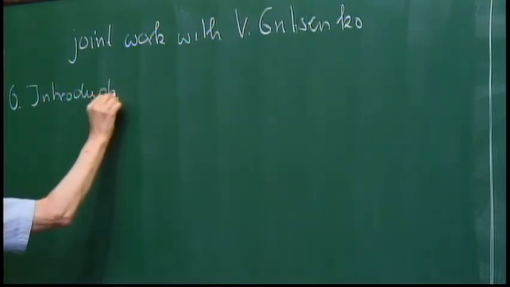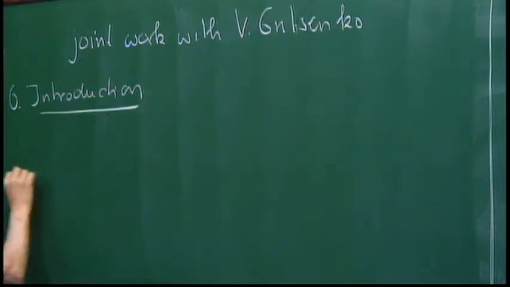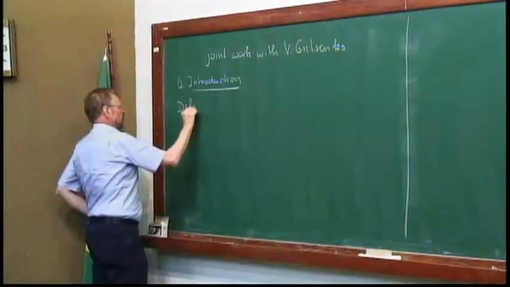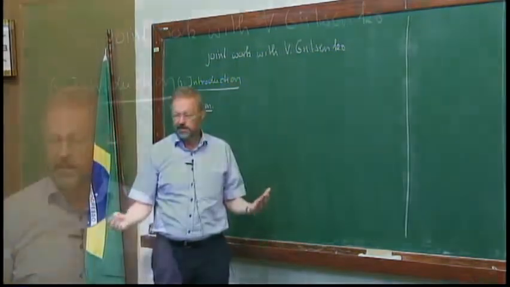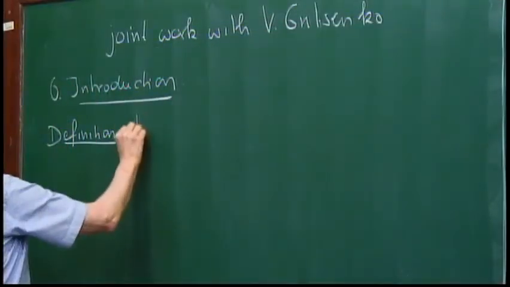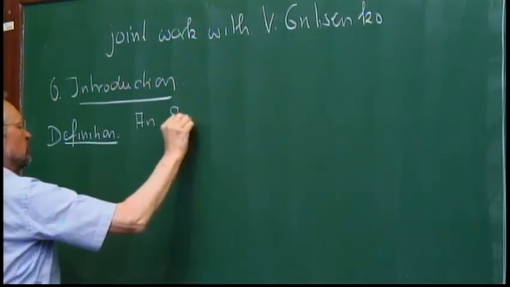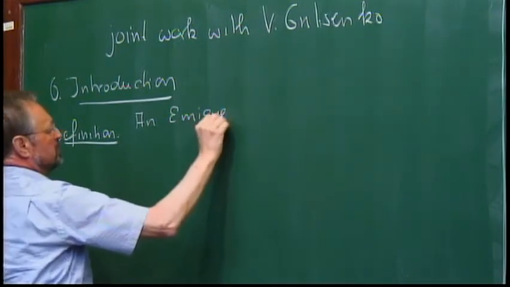And of course, we all know what an Enriques surface is, but just as a warm-up, let me state it again. And everything I'm going to do is over the complex numbers.